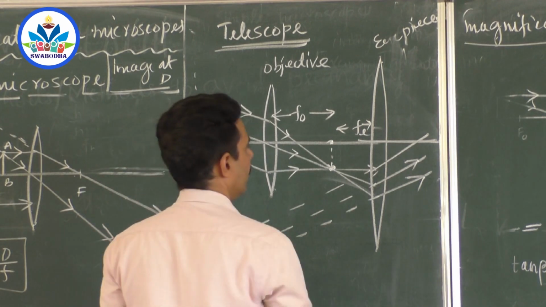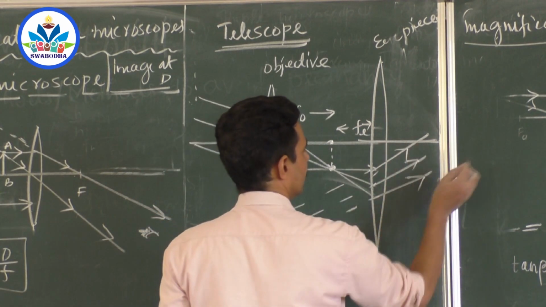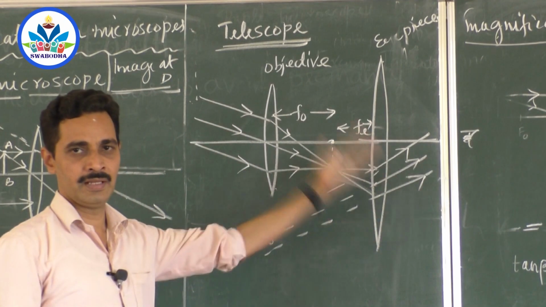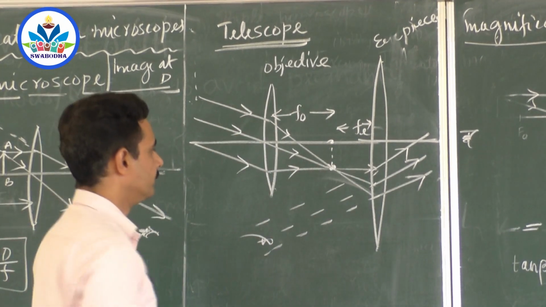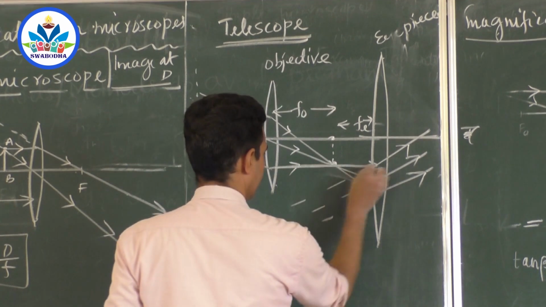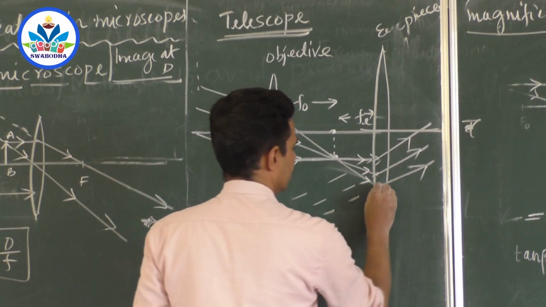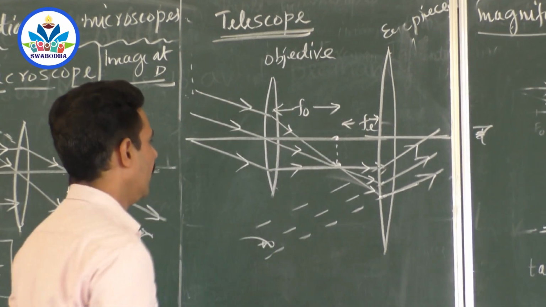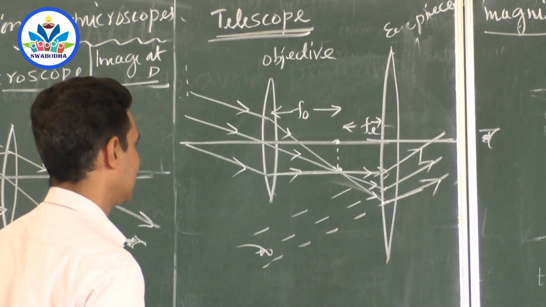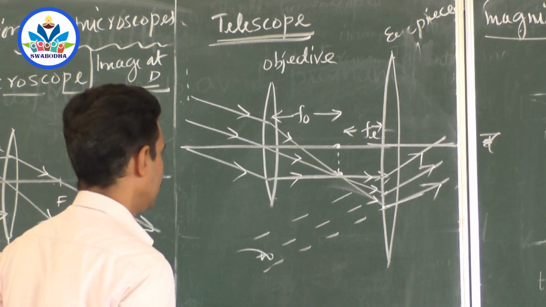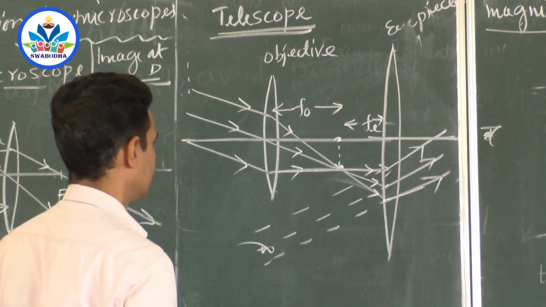Okay? Now, here is the eye position. I hope you can see all the diagram and it is visible. Right. Now, you consider this ray. Here the arrow is missing. Okay. This one like this. Right. Now, I will take some angles here, because I want to find out the magnification.